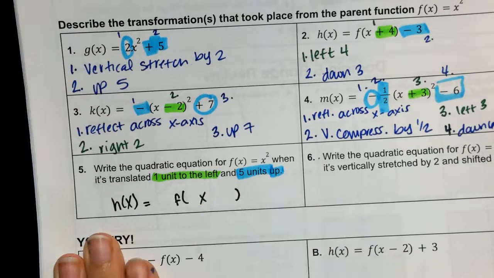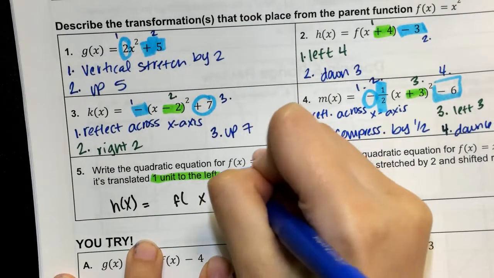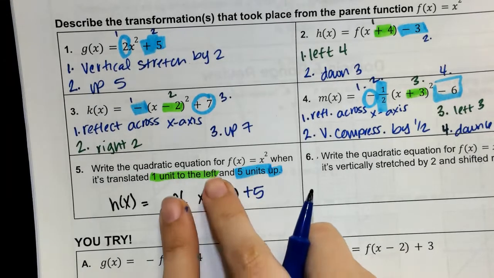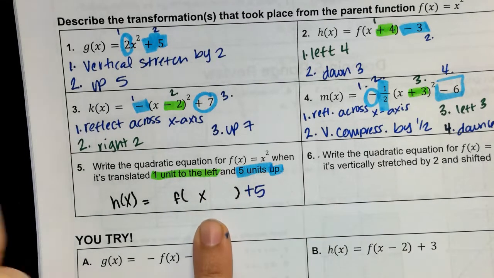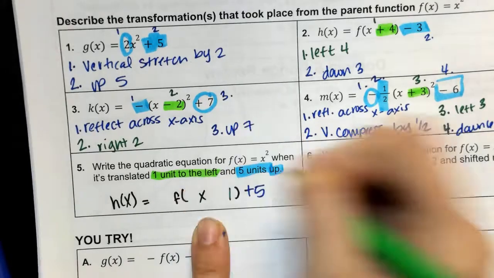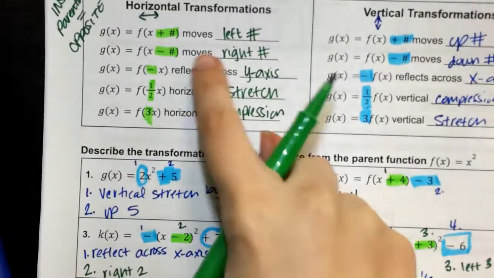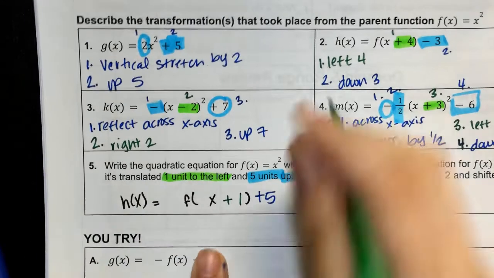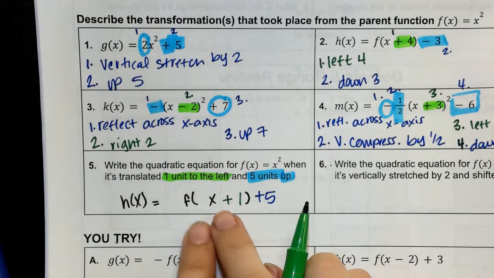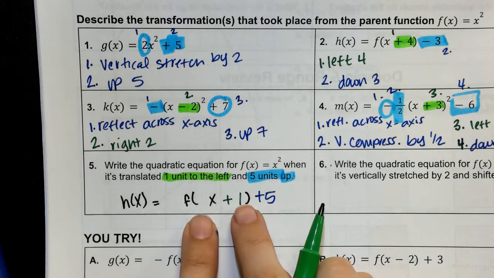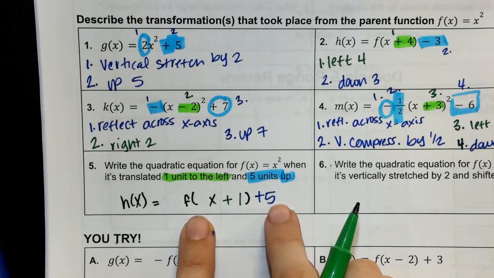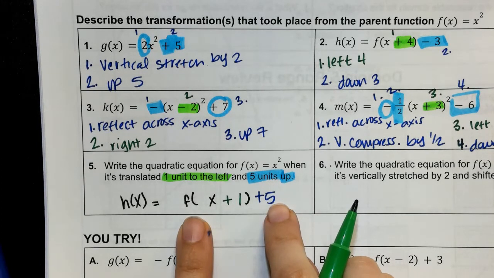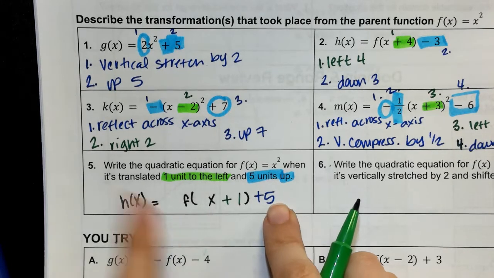Now 5 units up, I know it means after the parentheses, I'm just going to write plus 5. 1 unit to the left, well that means I'm inside the parentheses, but be careful, left is plus. So it's not minus 1, it's plus 1. And that's my equation. H of x equals f of x plus 1 plus 5.